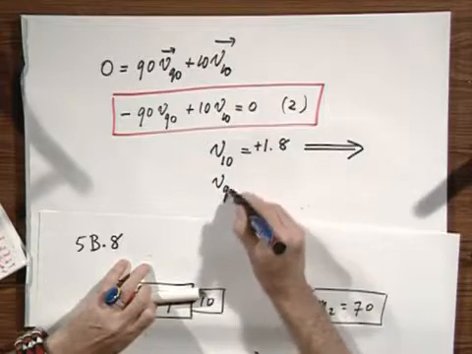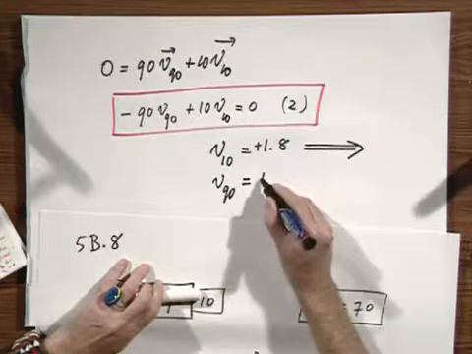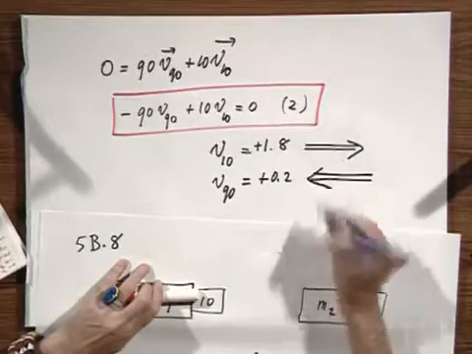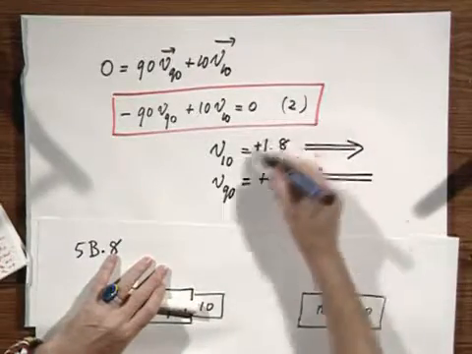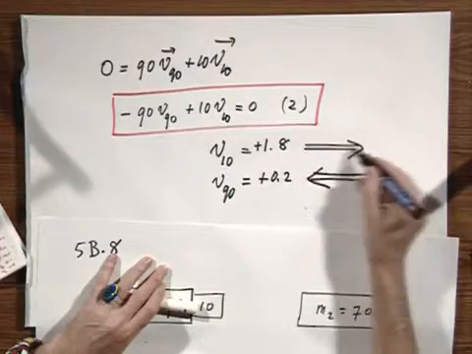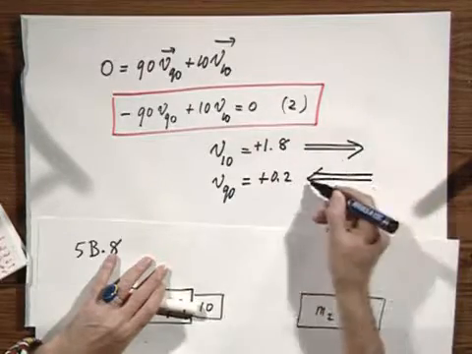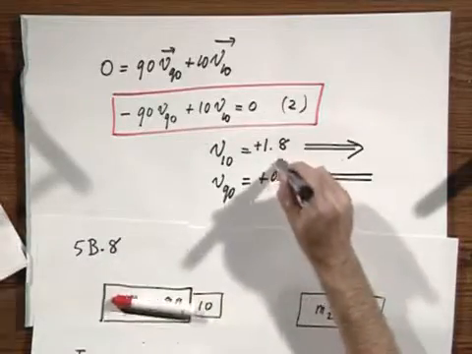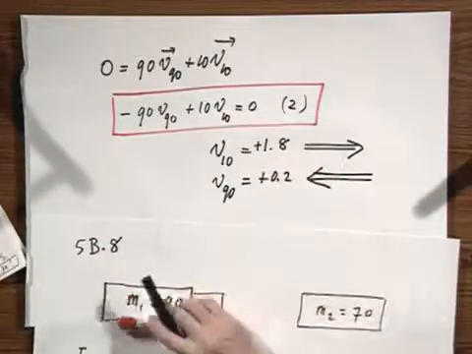And V90 is also positive, plus 0.2, but we already assigned it to go in this direction. And you see that the difference, this 1.8, this 0.2, is 2 meters per second. It better be 2 meters per second because I put that in my recipe.